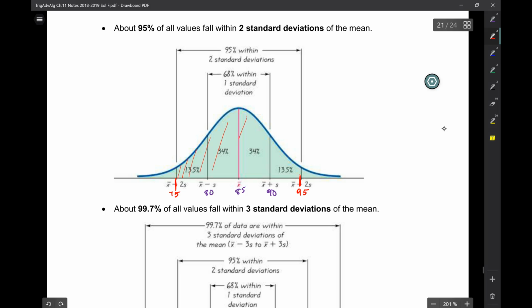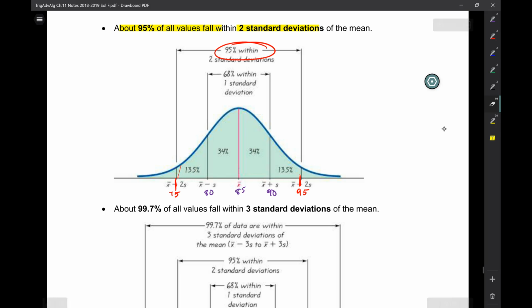In that region, 95% of all the values will be found. So 68% was within one standard deviation. Now, if you widen it, 95% of your scores will fall within 2 standard deviations. The whole thing happens symmetrically.